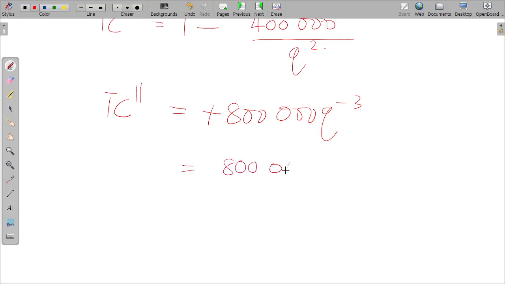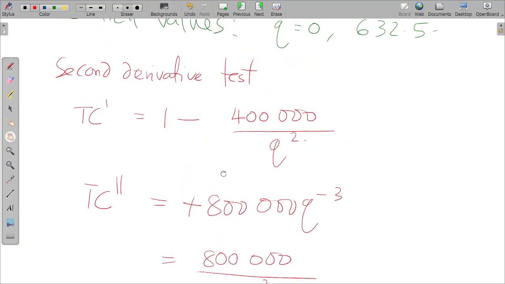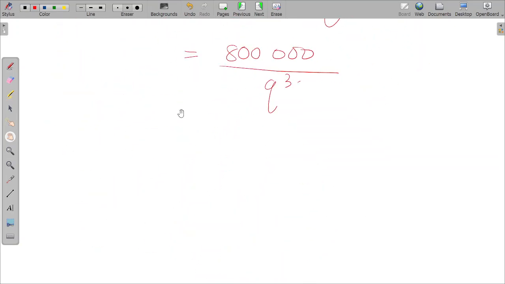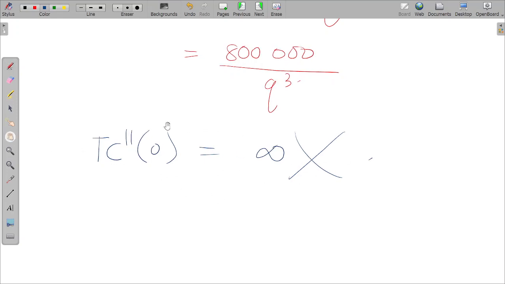So this over q cubed. Okay, that is the second derivative. Now if you want to put each of these critical values there, again you will discover that TC of 0 will give us infinity, so we are not going with that. We don't need that.